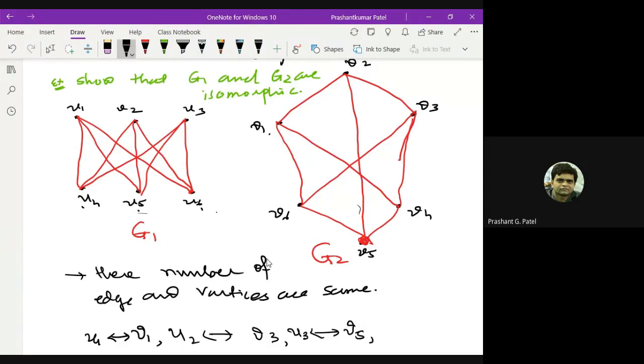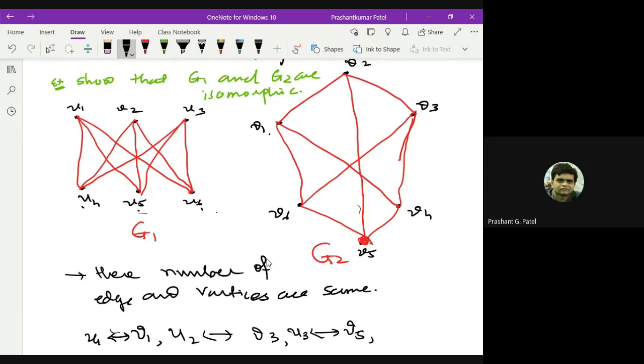And in a similar manner, if V5 is covered, now V4, V2 and V6, these 3 vertices are left. And if you consider V6, V6 is connected with U1 over here, U2 is covered and V3. Okay.